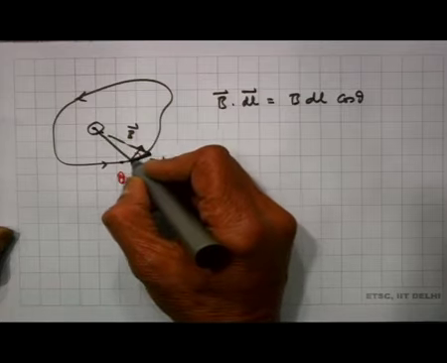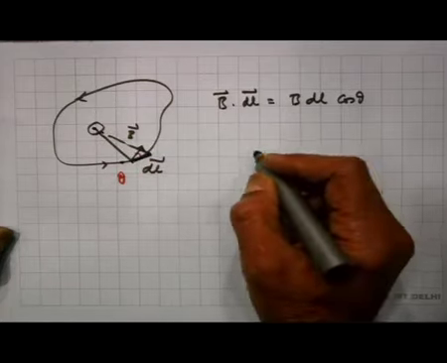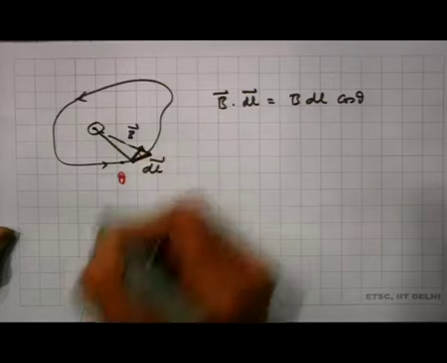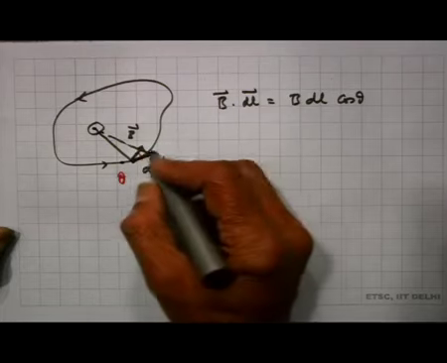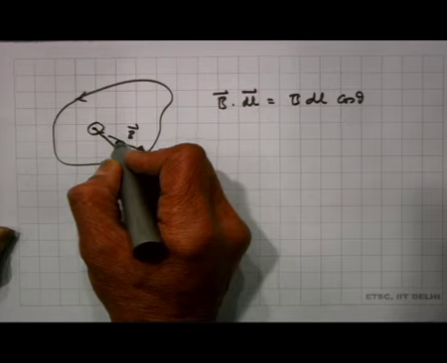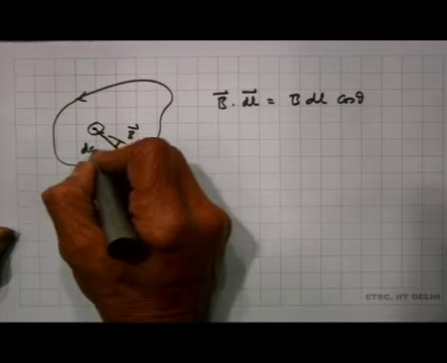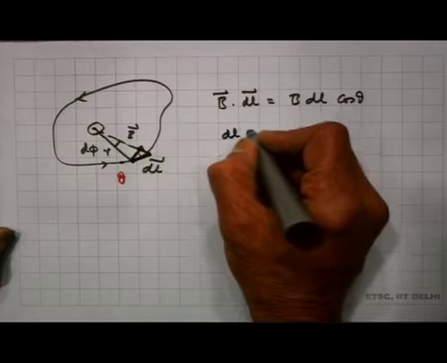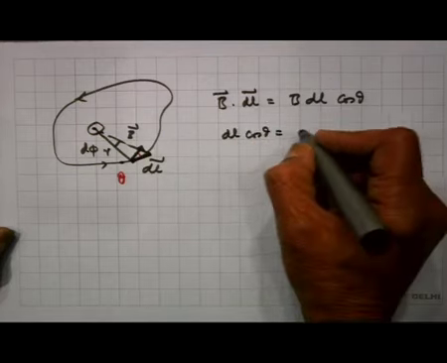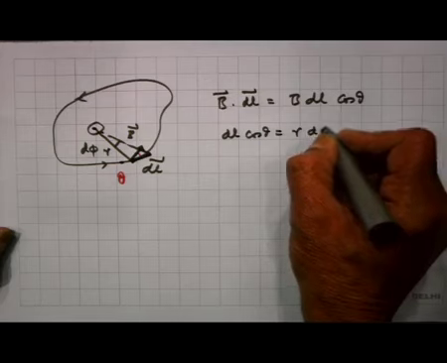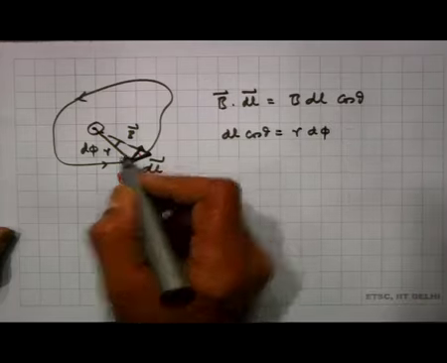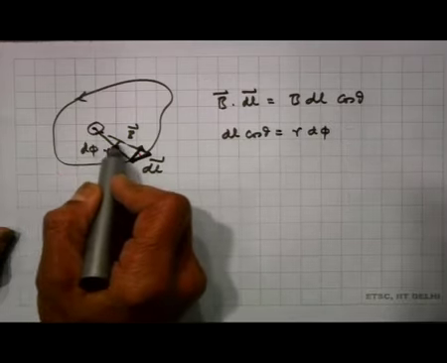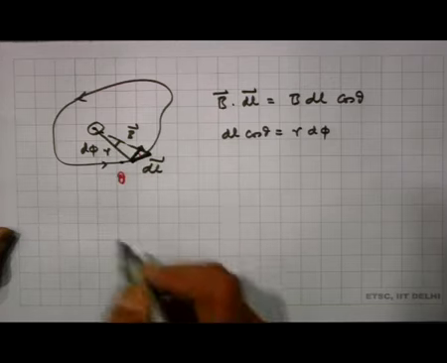So, B dot dl is B dl cos theta, and dl cos theta is this length. If I call this angle d phi and this distance r, dl cos theta happens to be equal to r d phi. R d phi is this distance times the angle d phi, and that is also dl cos theta.